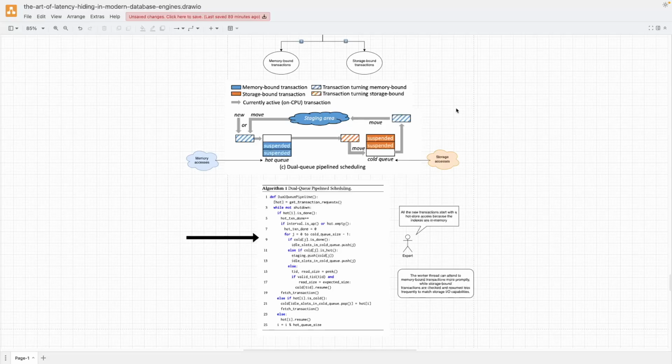But the problem is that these transactions have to be run on a separate thread, so context switching is needed. And also remember that if a transaction is switching from memory accesses to storage accesses, you have to have thread interaction, right? One thread has to talk to the other. That is again a source of contention and synchronization and overheads. So these reasons are why the authors don't do that.